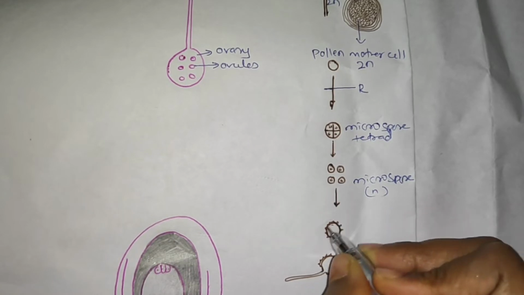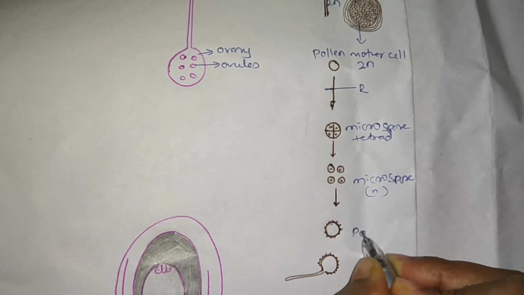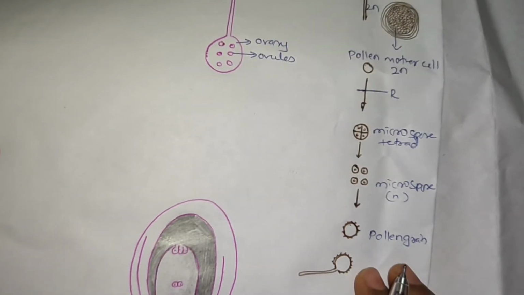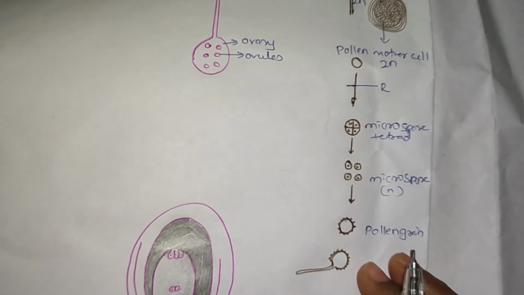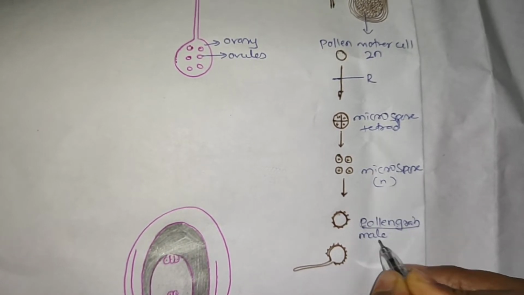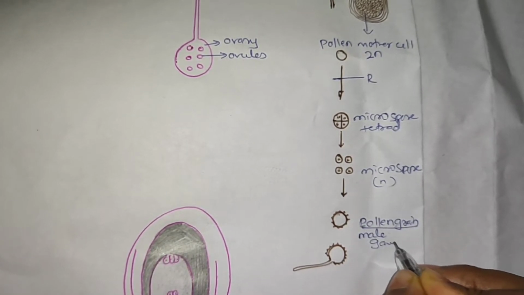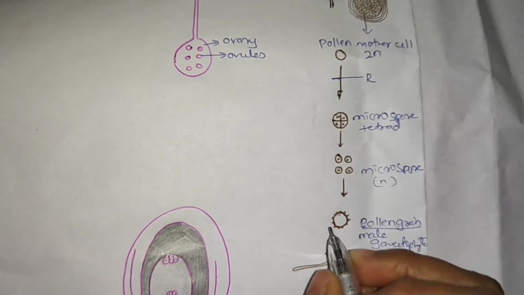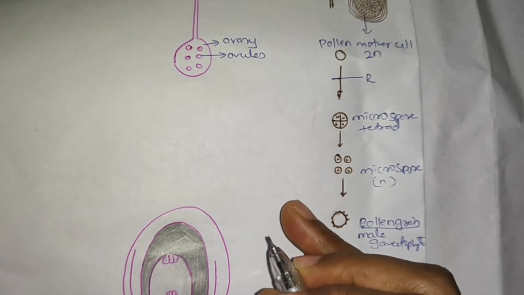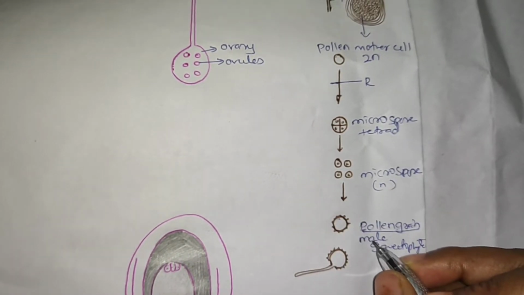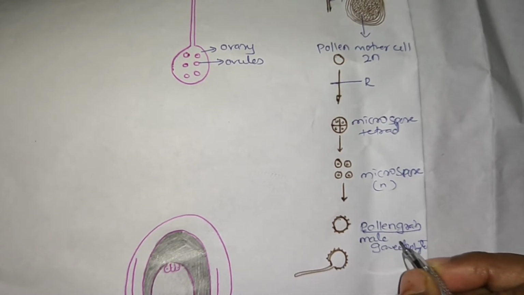Now I will show how a microspore develops into a pollen grain. We call this pollen grain a male gametophyte. Students, just try to compare the gametophytes from bryophyte, pteridophyte, gymnosperms and angiosperms. Please study comparatively.